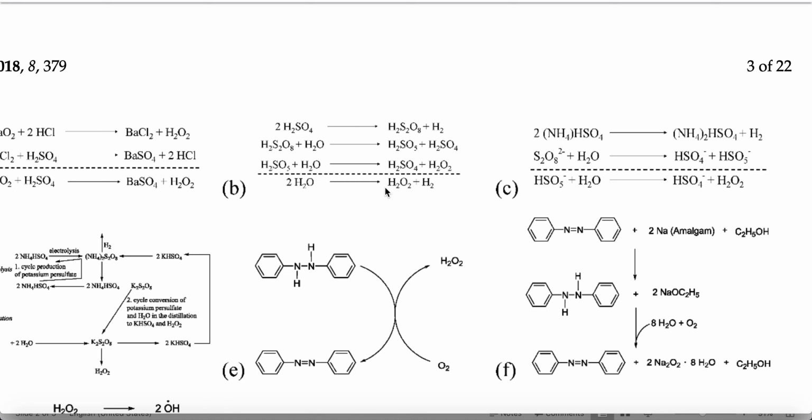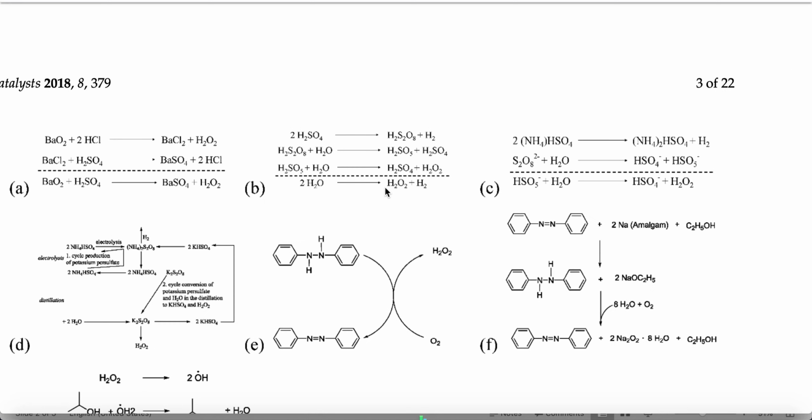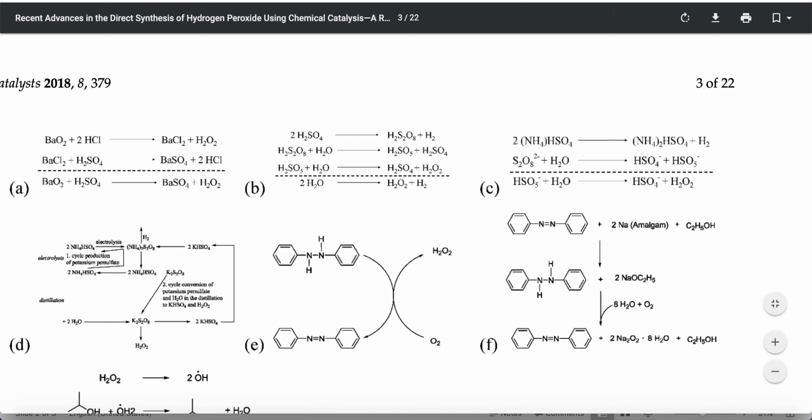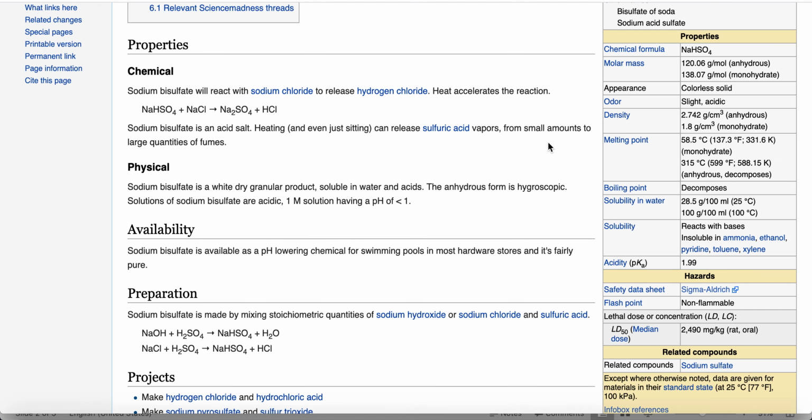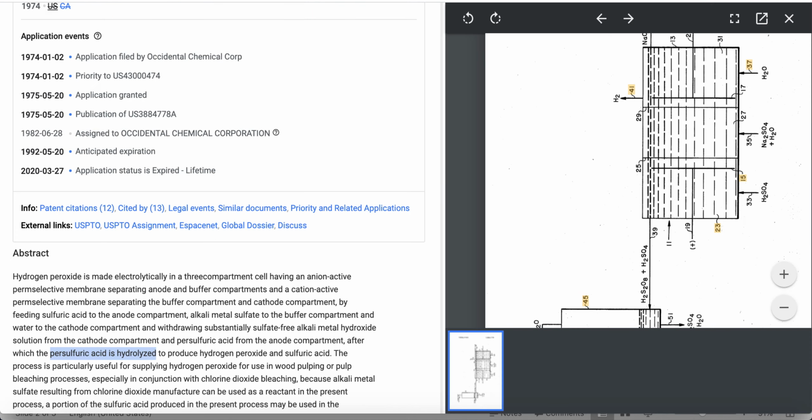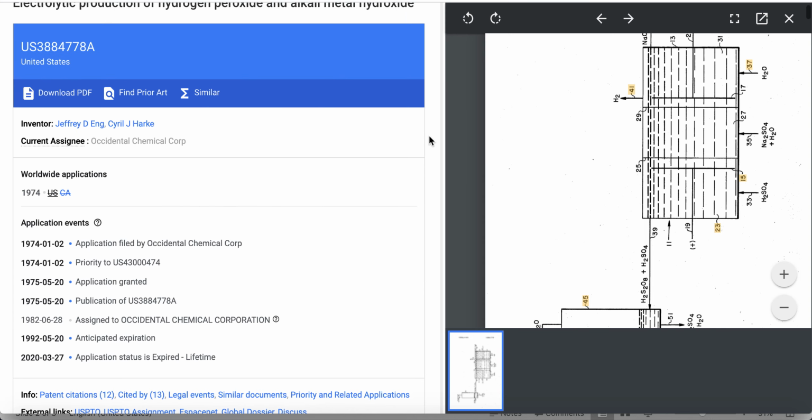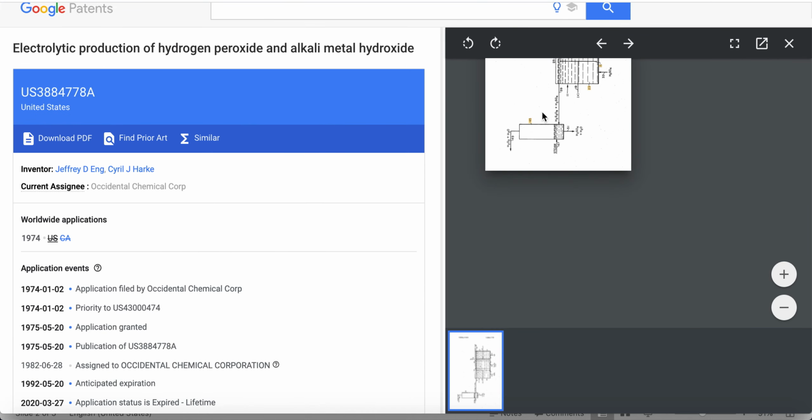There's no clear description or information available on how hydrogen peroxide is produced by the electrolysis of sulfuric acid. So I did my research, and I found this article, this patent. Now I'll teach you how to use patents.